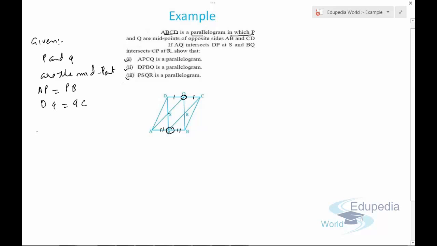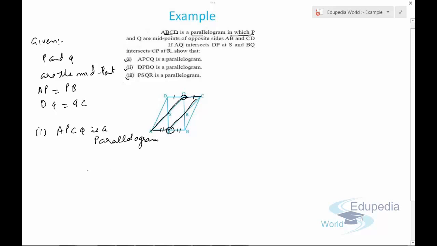Let's discuss how we can prove this now. The first part we need to prove is that APCQ is a parallelogram.